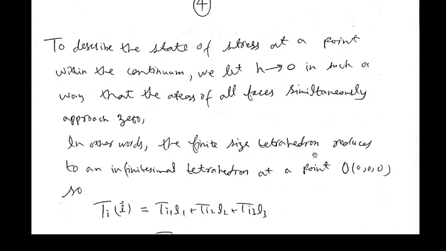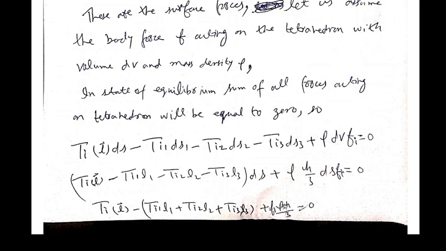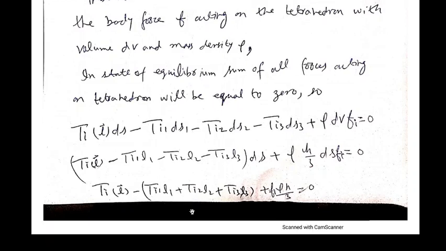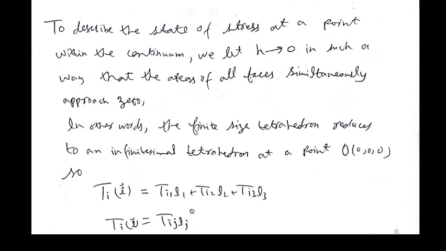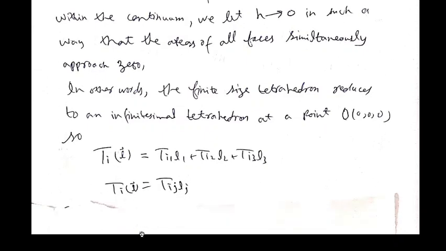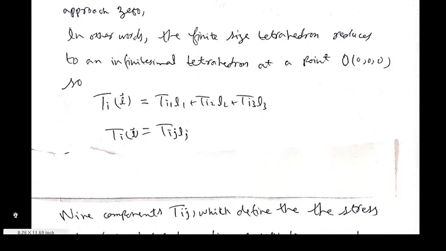So in this case, when h approaches 0, this term will go to 0 and we will be left with this only. This is the expression for the traction vector acting on a plane whose normal is in any arbitrary direction with area dS, with components t1, t2, t3.